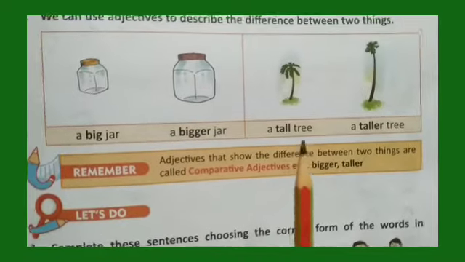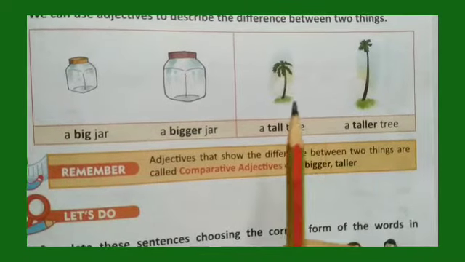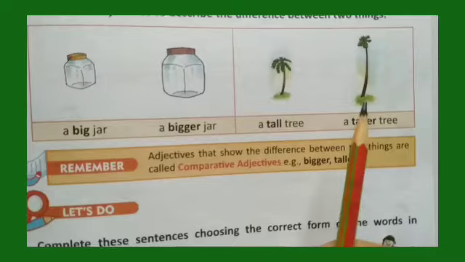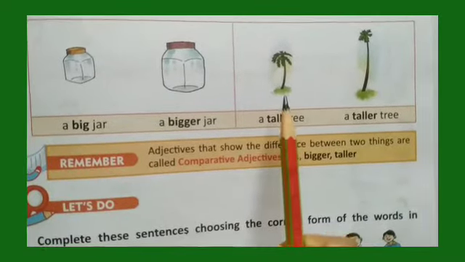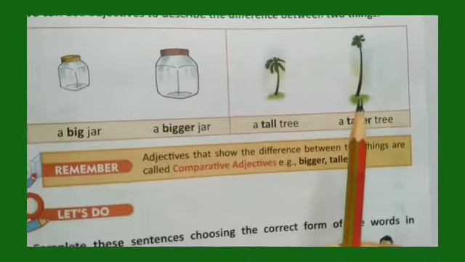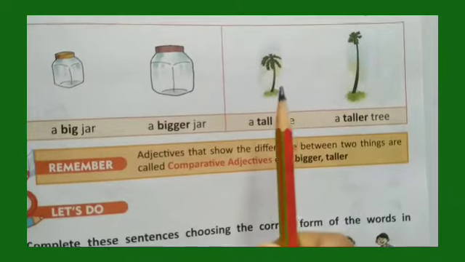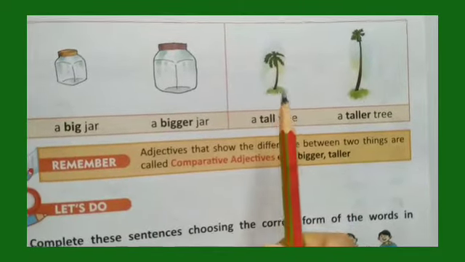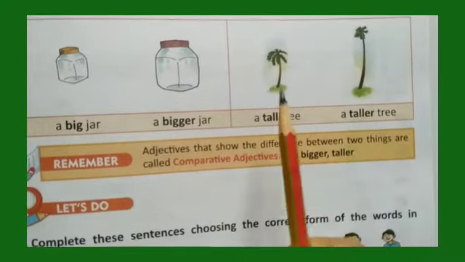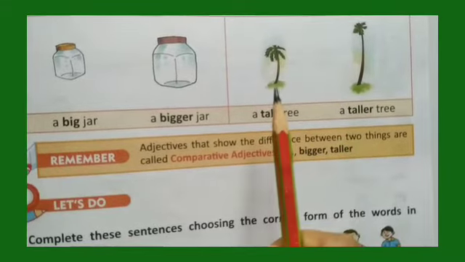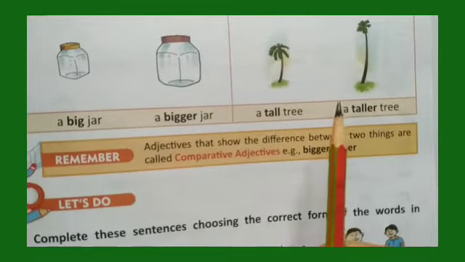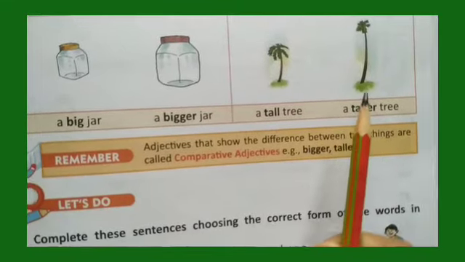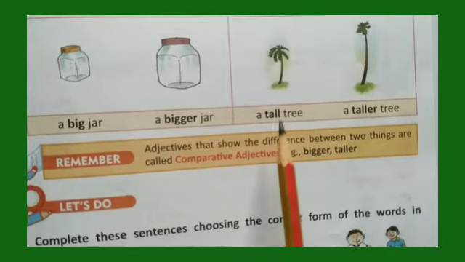Bigger, okay? Now, you see there are two trees. So we are going to compare between this and this. So this is a tall tree, a tall tree. Now when we compare this tree with the other one, so the difference is what? This tree is taller than this. So a taller tree. That means the difference is this is taller.